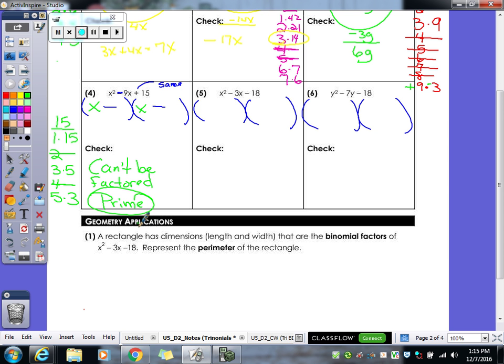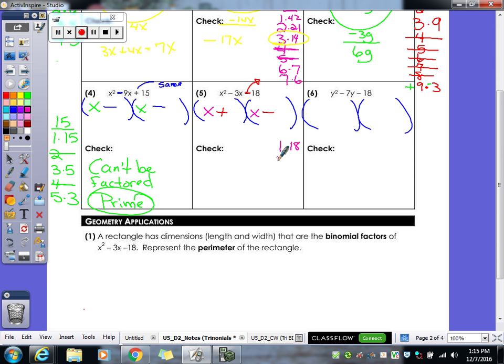All right, next one. Sign same or different this time? Seth, what does this minus sign mean? Same or different? Different. Good. Plus minus. Amelia, what goes in the first position? X times X, right? Lexi, all the things that multiply to 18.